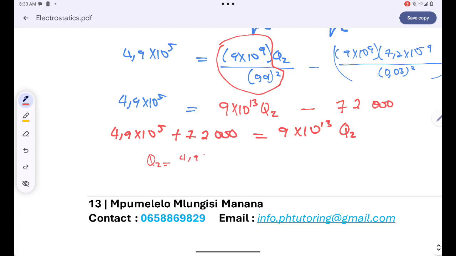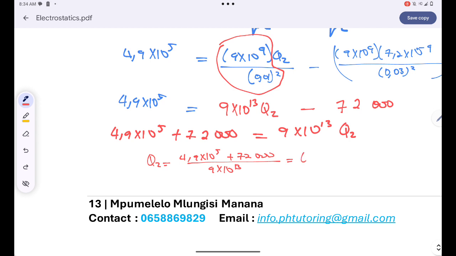That's 4.9 times 10 to the power 5 plus 72,000 all over 9 times 10 to the power 13.